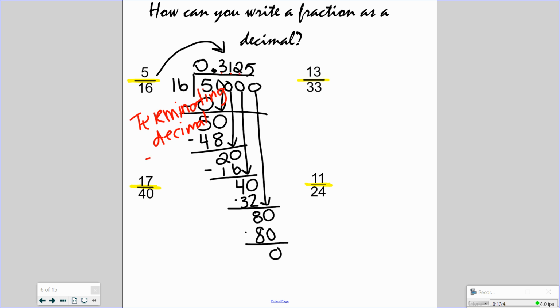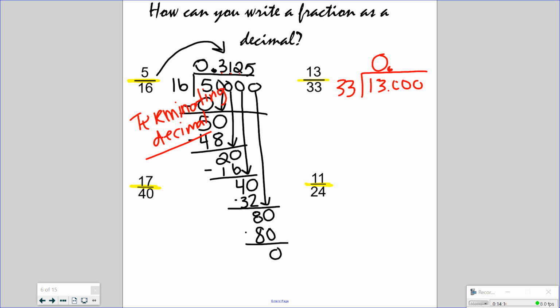All right. Let's go ahead and try this next one over here. Same thing. 13 goes in the house. 33 goes on the outside. Let's try that again. 13.000 divided by 33. So again, I'm going to bring my decimal point up here, and then I'm going to go ahead and get started. 33 into 13.